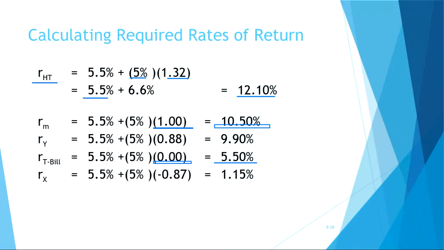Then with the negative beta we can calculate company X, and with the positive 0.88 beta we can calculate company Y. So these are the required returns for our assets.